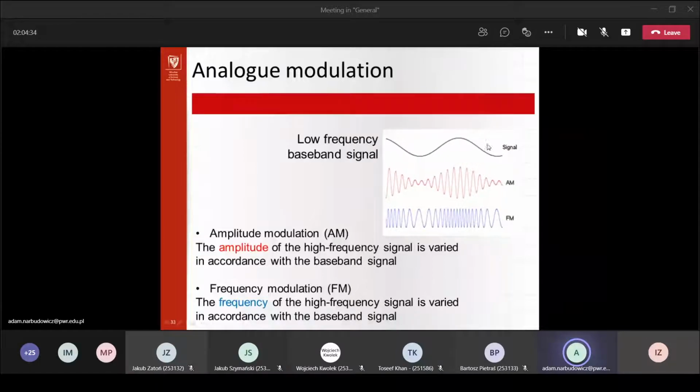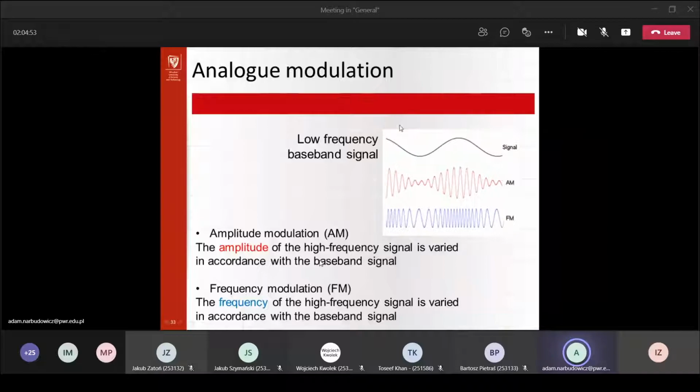So what we can see here is this slowly changing signal. This is what's called the low frequency or baseband signal, and we assume here this is the signal which has already undergone all the source coding and channel coding, and it's ready to be sent. So now we have to modulate that.